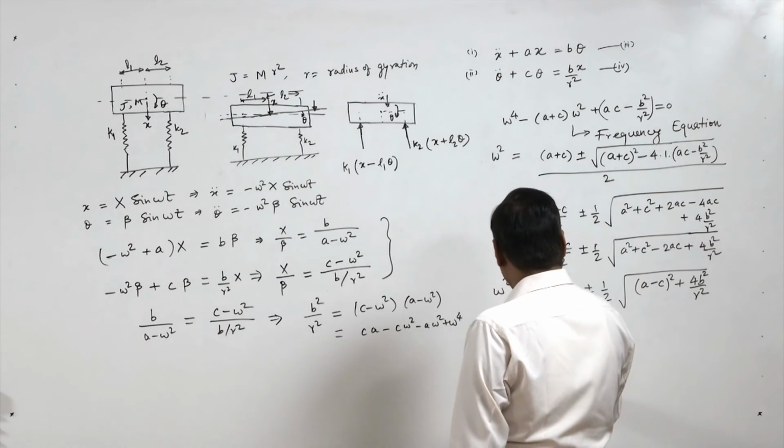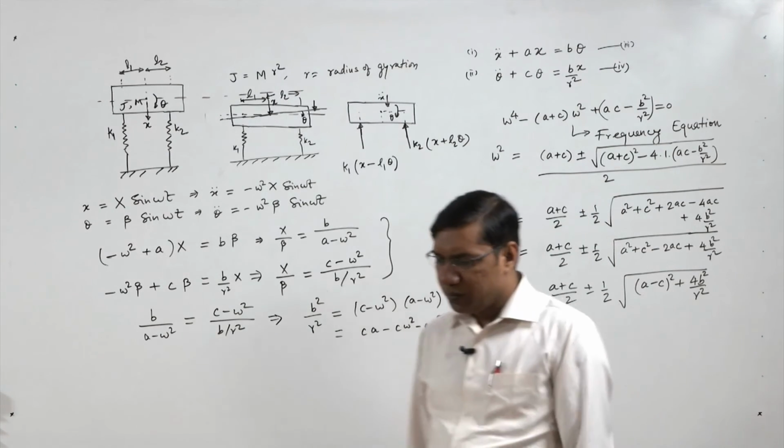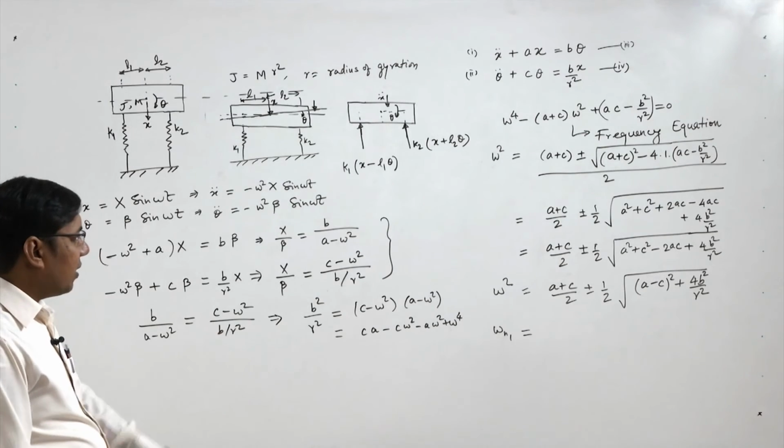So, omega n1 will be the lower natural frequency, when we take the minus sign.